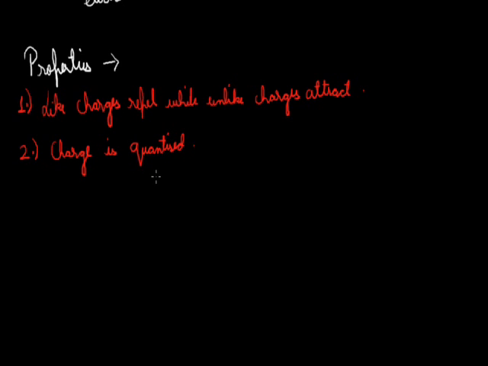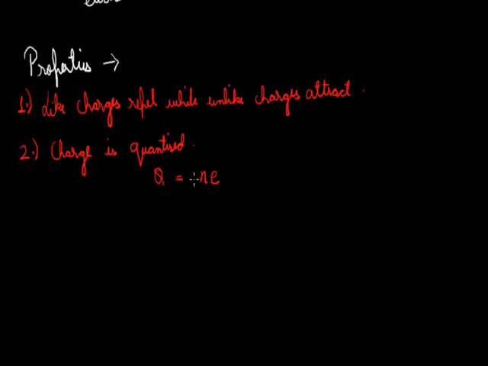If any body is having charge Q, then that charge Q is always an integral multiple of the electronic charge. Means any body which is having charge might be having excess of electrons or deficiency of electrons.